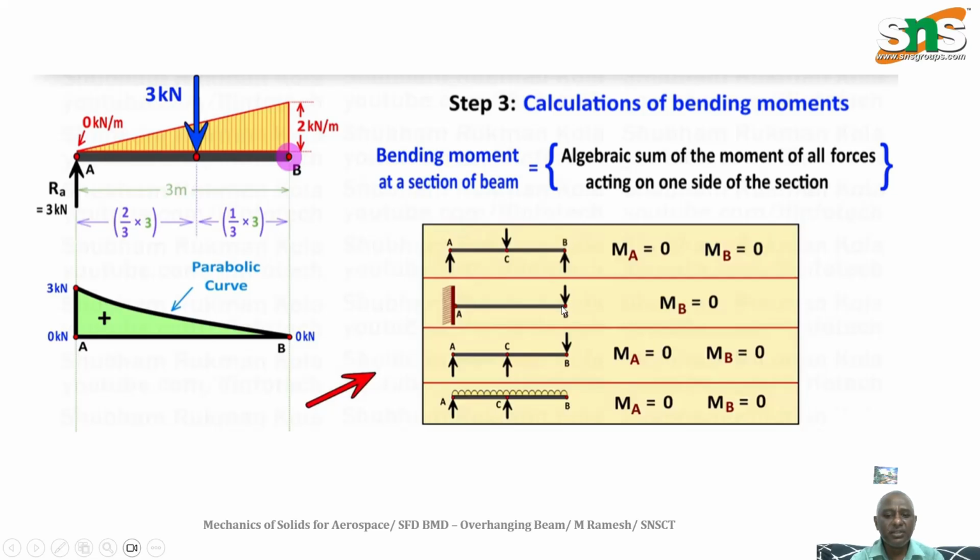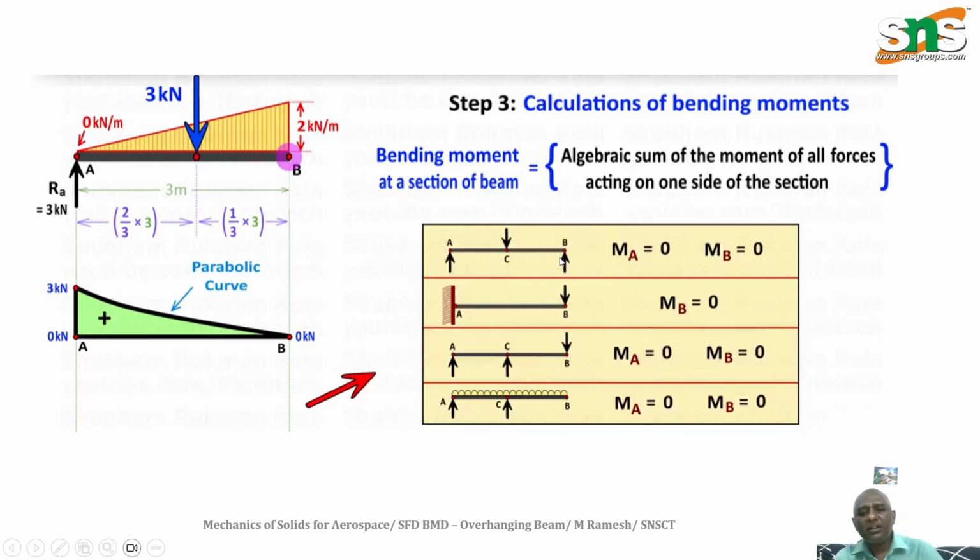Here MB is equal to 0, but MA is not equal to 0. As well as here MB is equal to 0. And here MA is equal to 0 and here MB is equal to 0 at the end. So except this fixed end, at all the end conditions the bending moment will be equal to 0. This is the thing we should know.